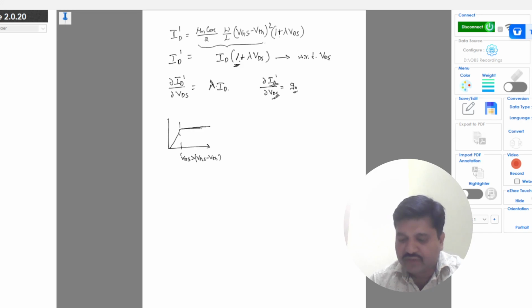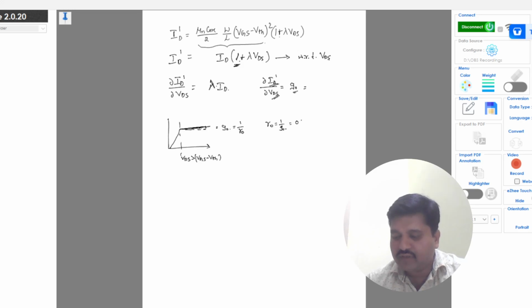That means this part of the slope is nothing but your G naught, and the inverse of this will be R naught. So R naught is 1 upon G naught, which is the output resistance, which we will represent in the small signal model.